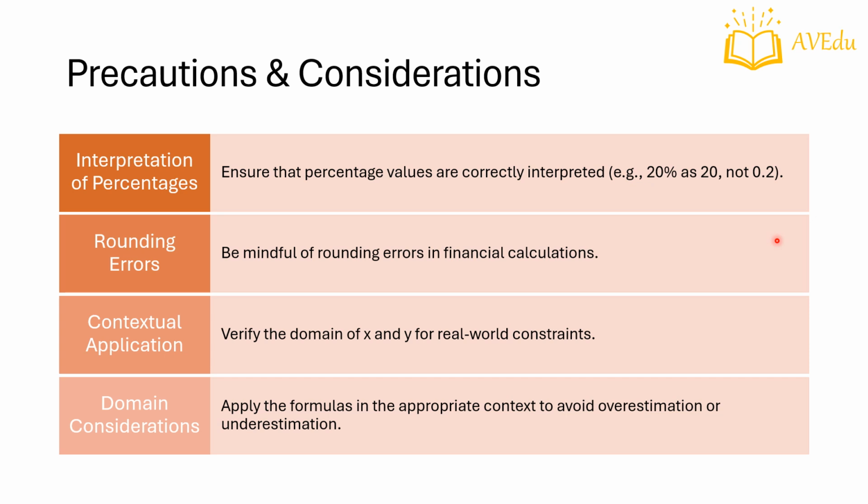In financial calculations, even slight rounding differences can lead to significant discrepancies, so precision is key. Third, contextual application. The formula assumes a linear relationship, so in more complex scenarios such as compound interest, additional considerations are needed. Compound interest we can discuss some other time, but for simple interest calculation, you can use this formula. And the final one, the dominant consideration: verify that the values of x and y make sense within the context of the problem. In some cases, certain restrictions or boundary conditions might apply.